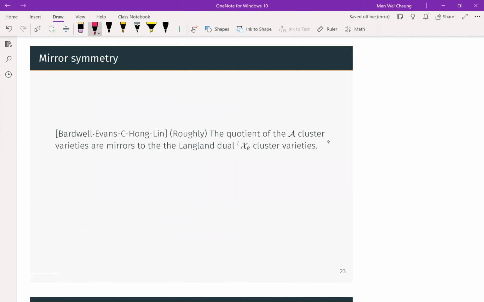Roughly, the quotient of the A cluster variety mirrors to the Langlands dual X family at the fiber at the identity cluster variety.